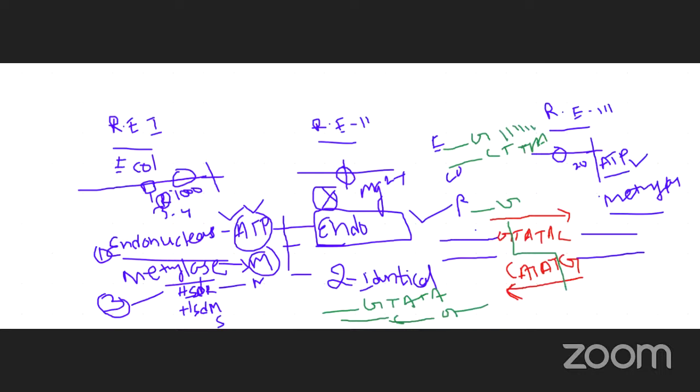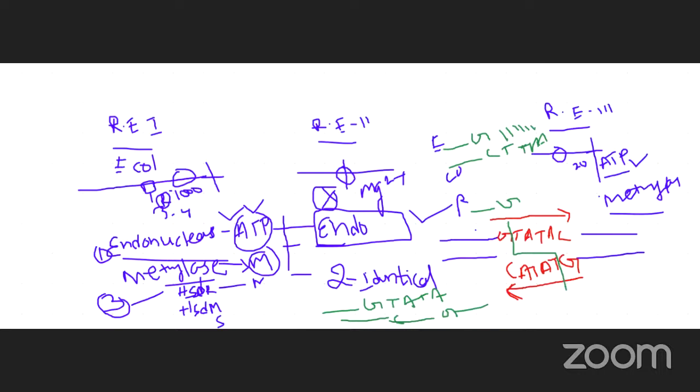And now neoschizomers. These recognize the same sequence, but often cleave at a different location, not the same location of the sequence. However, different enzymes recognize and cleave.